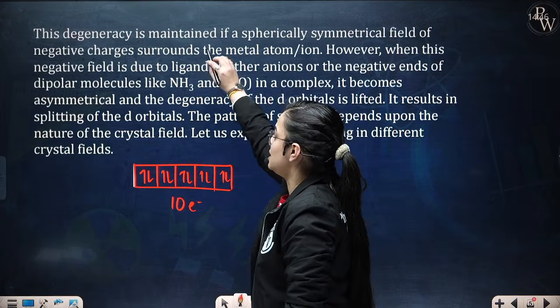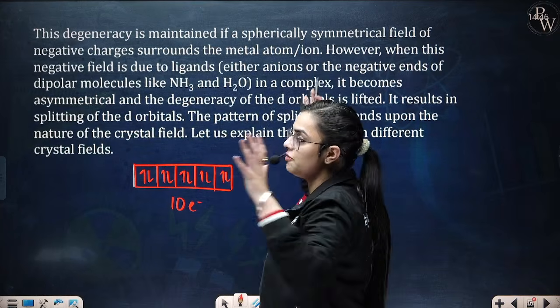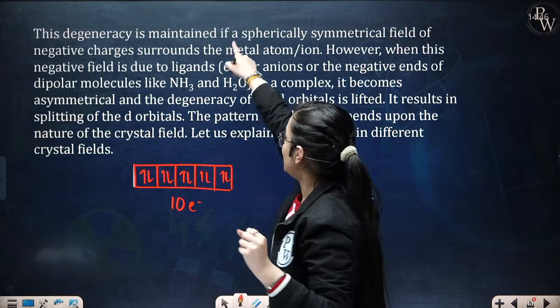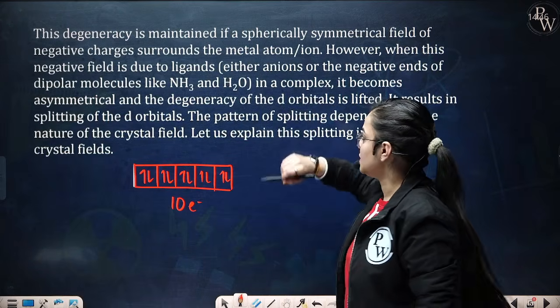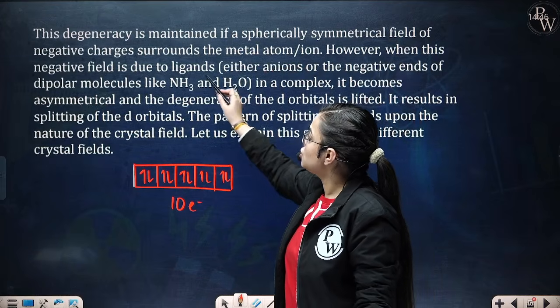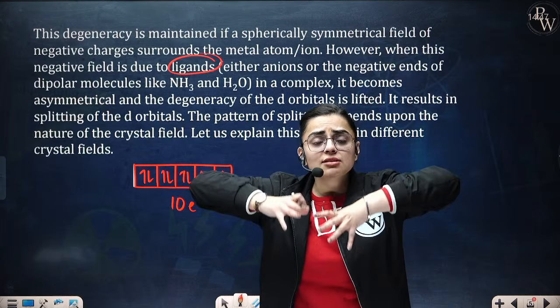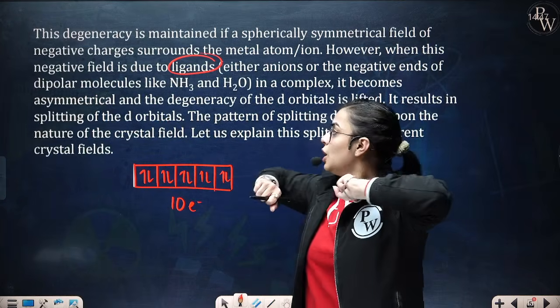Let me explain. This degeneracy is maintained if a spherically symmetrical field of negative charges, which are referred to as ligands, surrounds the metal atom. I told you that ligands are surrounding the central metal atom from all sides.